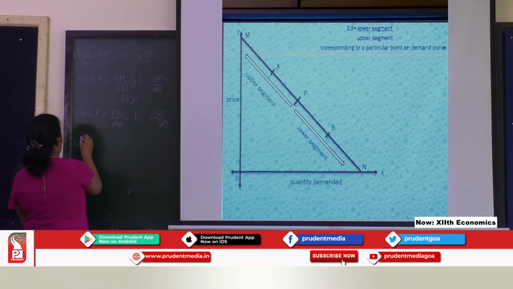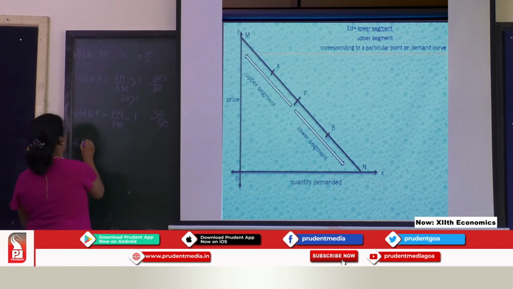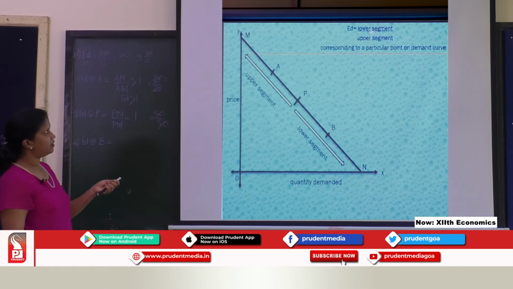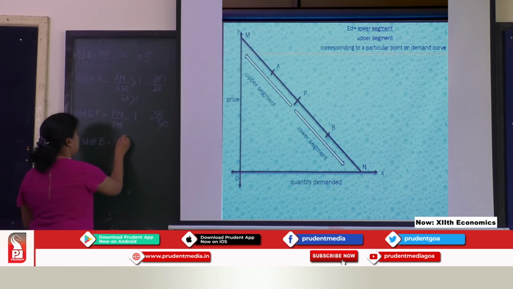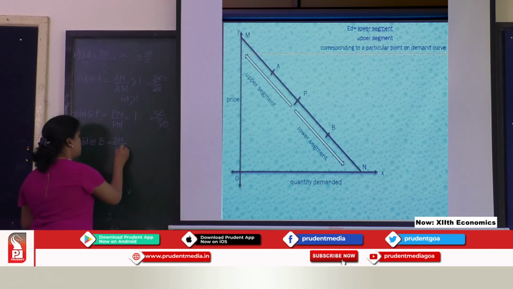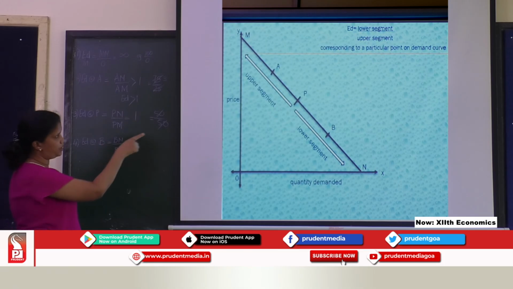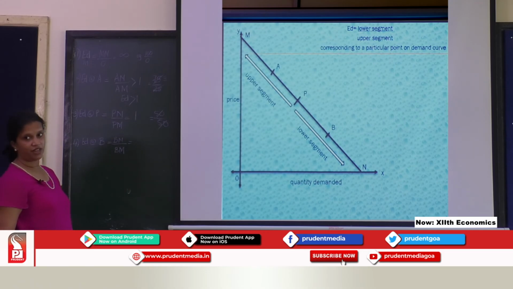Then we have the fourth point, that is point B. What is the value of ED at point B? Again, lower segment BN, upper segment BM. In terms of a value, what will it be? This portion here would be 25. This length over here would be 75.